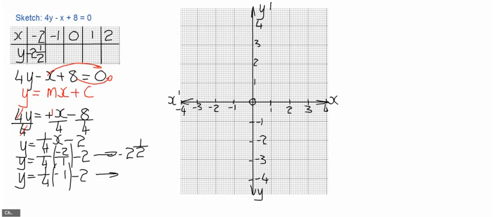We work it out, and we can see that 1/4 times -1 is -1/4. -1/4 minus 2 will give me -2 and 1/4. And put this value into your table.